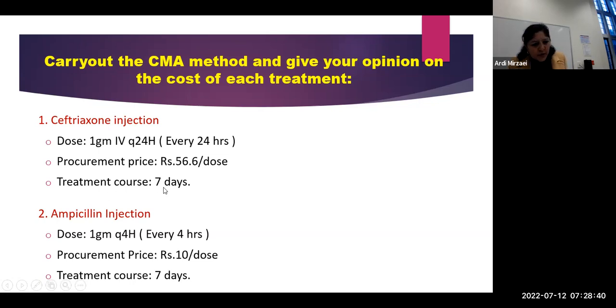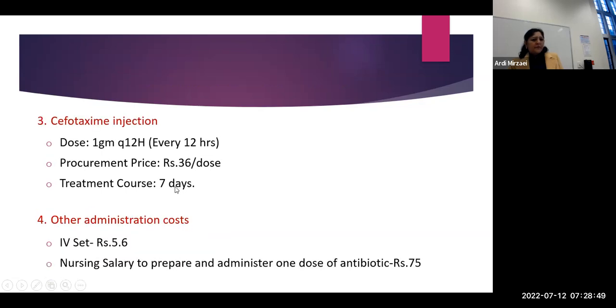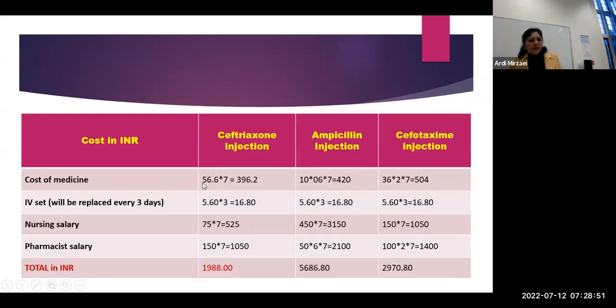So the cost of the drug would be 56.6 into 7. So the cost of the medicine would be, in the first case, 396.2.